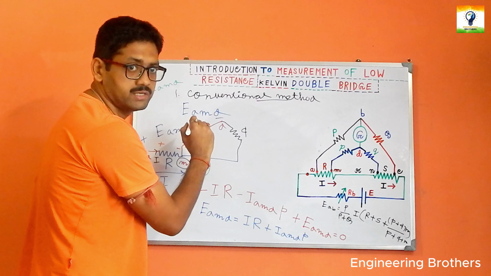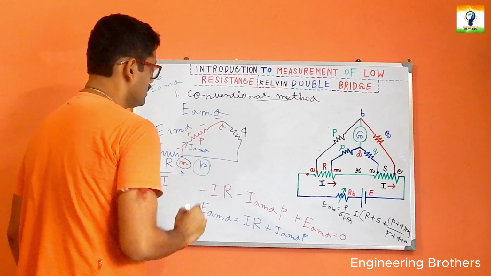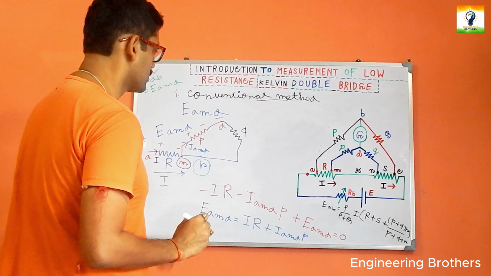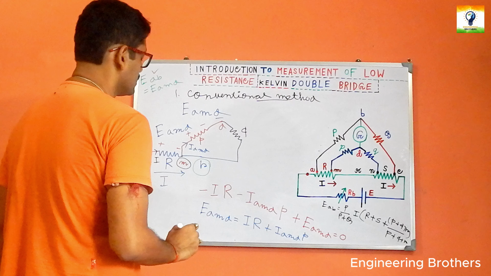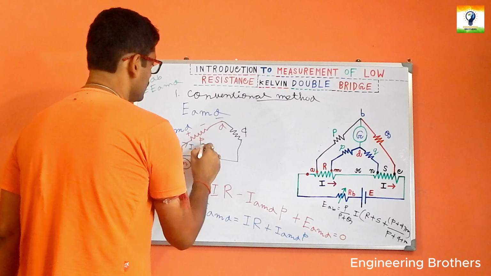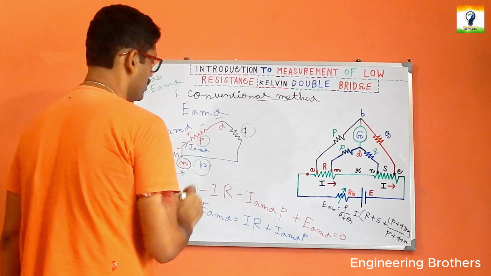This portion is very important. If the current is flowing in this path, then what is the opposite resistor for this condition? The opposite resistor will be small r, and the total resistance for our consideration is the summation of these three resistor parts: small p, small q and small r.